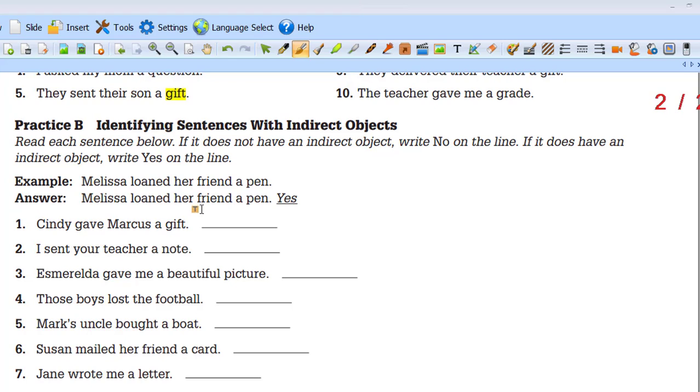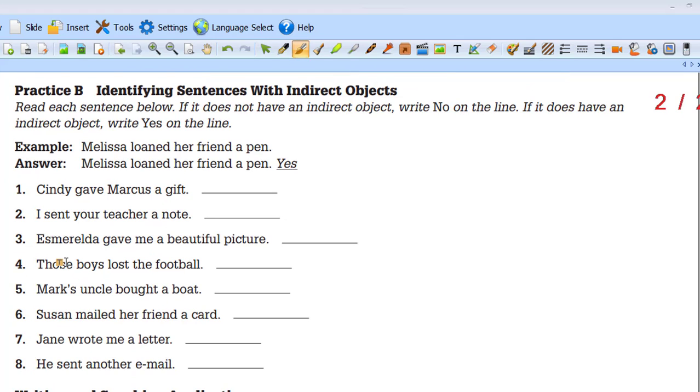So what are the sentences here that got indirect objects and those that don't? We have here number 4 and 5 and number 8. We don't have any indirect object in these sentences.